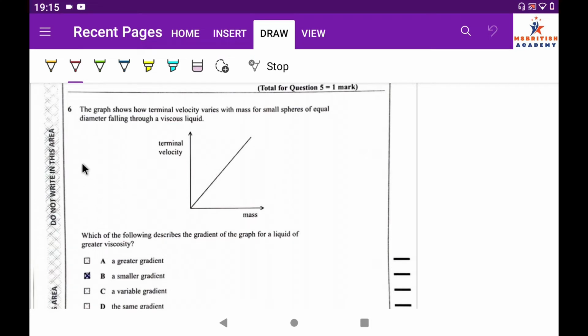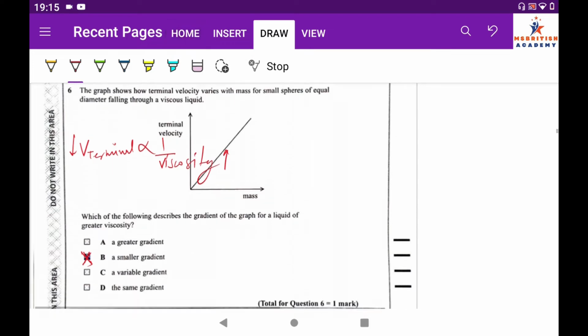As we know, terminal velocity is inversely proportional to viscosity. So if we increase viscosity, terminal velocity will decrease. So from here, the answer is going to be B, a smaller gradient.